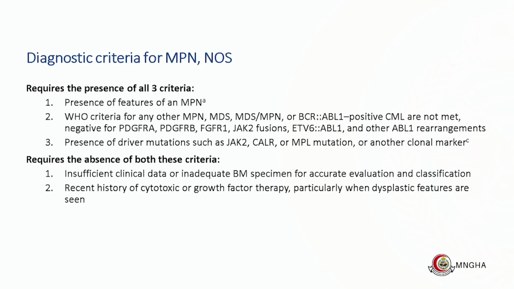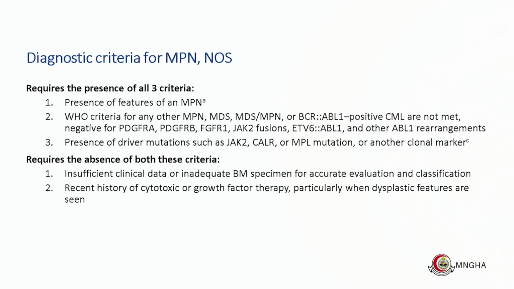If this is available, and the patient is not meeting defined MPN criteria, and we ruled out criteria for other non-MPN, MDS/MPN, MDS, or others, and if we have the presence of JAK2, CALR, or MPL, this is enough to call the patient MPN NOS.